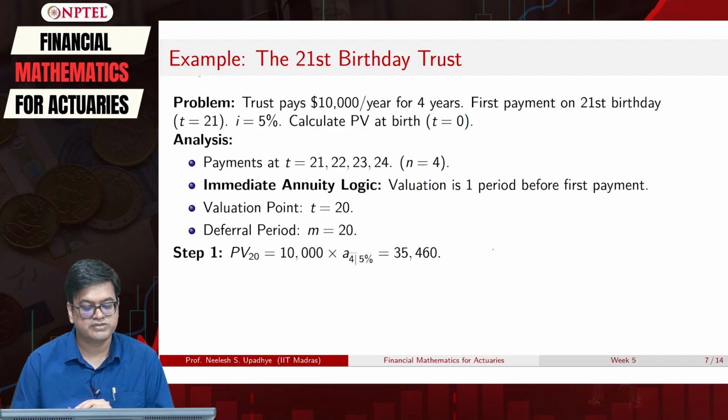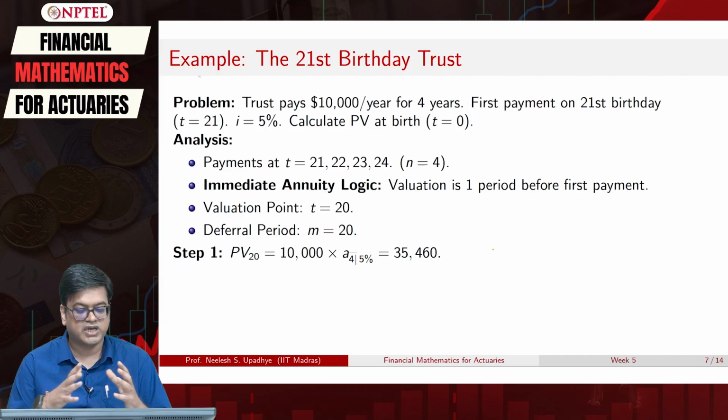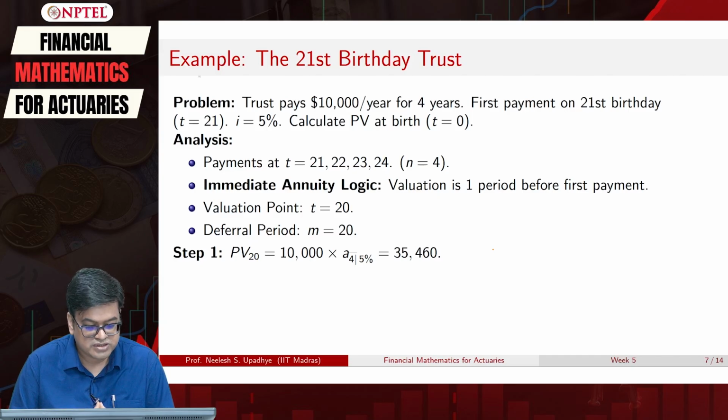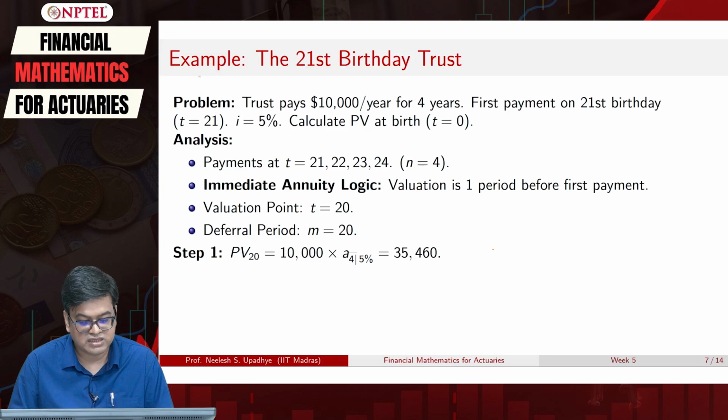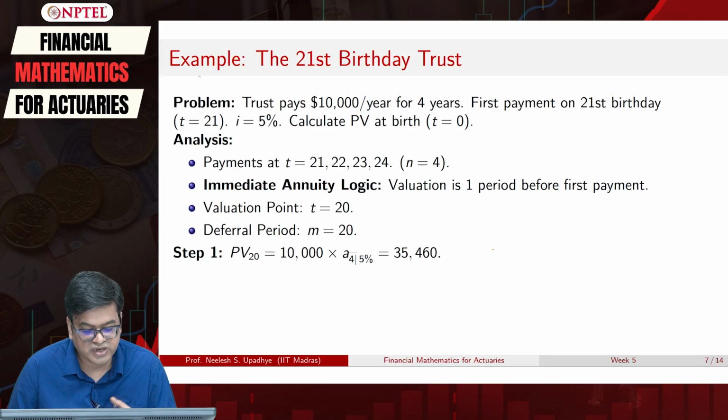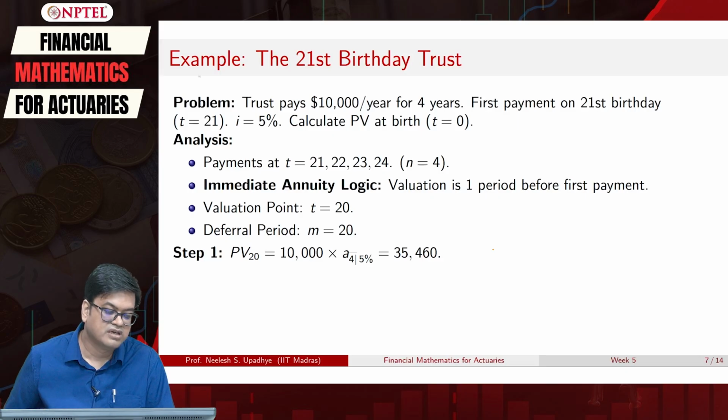So 1.05 is 1 plus i and 1 upon 1.05 is v. So 1 upon 0.05 times 1 minus 1.05 raised to minus 4 will give me this answer, which is around 3.546. So that gives me 35,460 as my answer to the first step.